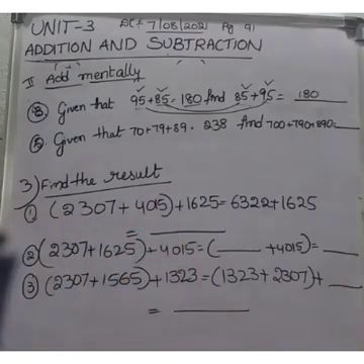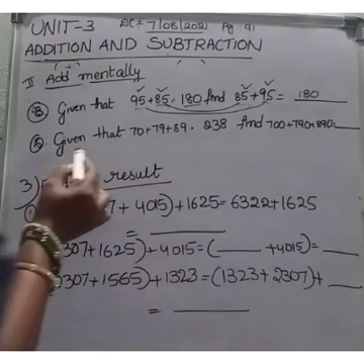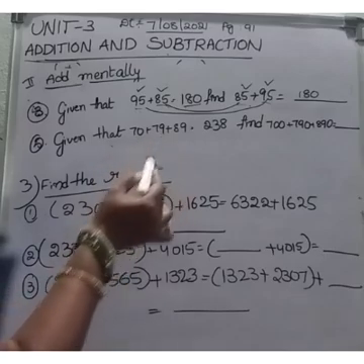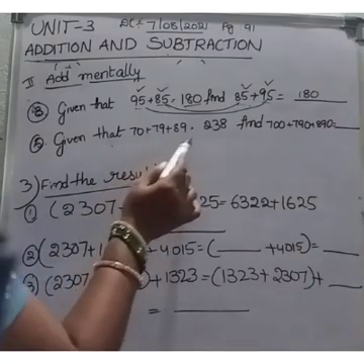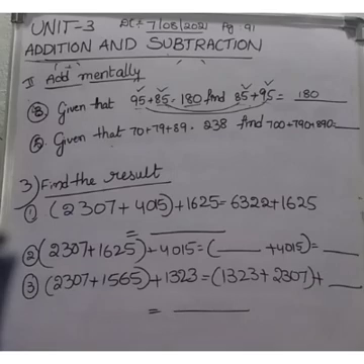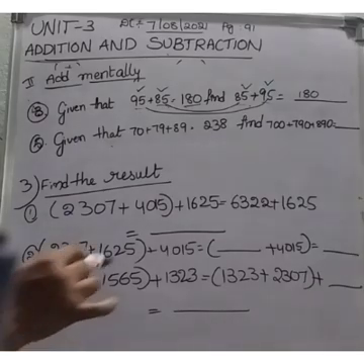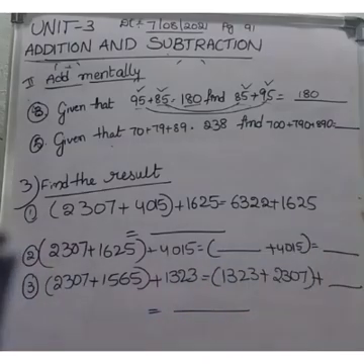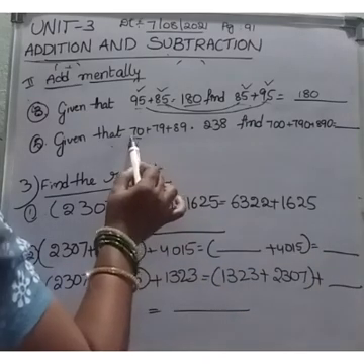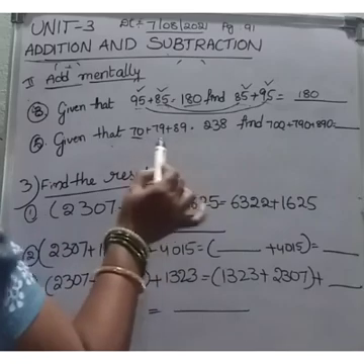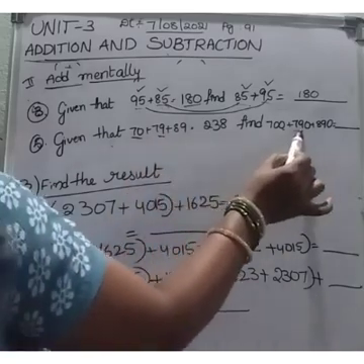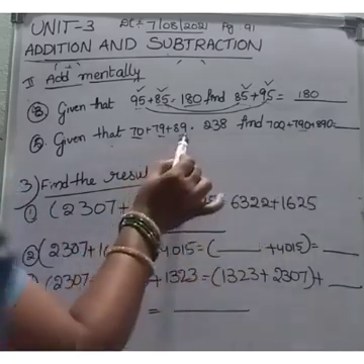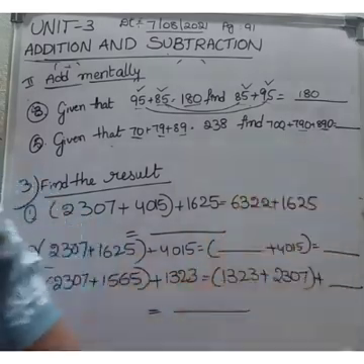Is it clear? Next, given that 70 plus 79 plus 89 is equal to 238, find 700 plus 790 plus 890. Here 70 has one more 0, 79 has one more 0, and 89 has one more 0.